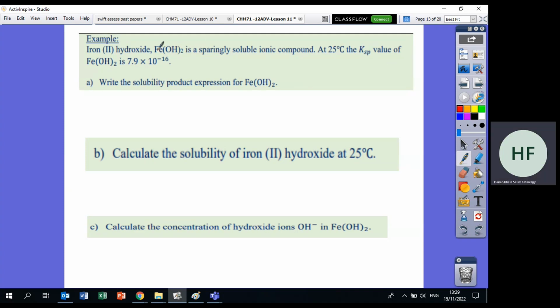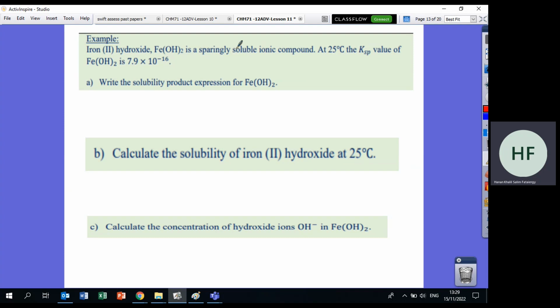Okay, we have Fe(OH)2, which is sparingly soluble, meaning slightly soluble. KSP is 7.9 times 10 to the minus 16. First of all, you need to write the solubility product for Fe(OH)2. Of course, when Fe(OH)2 dissociates, what does it dissociate into?